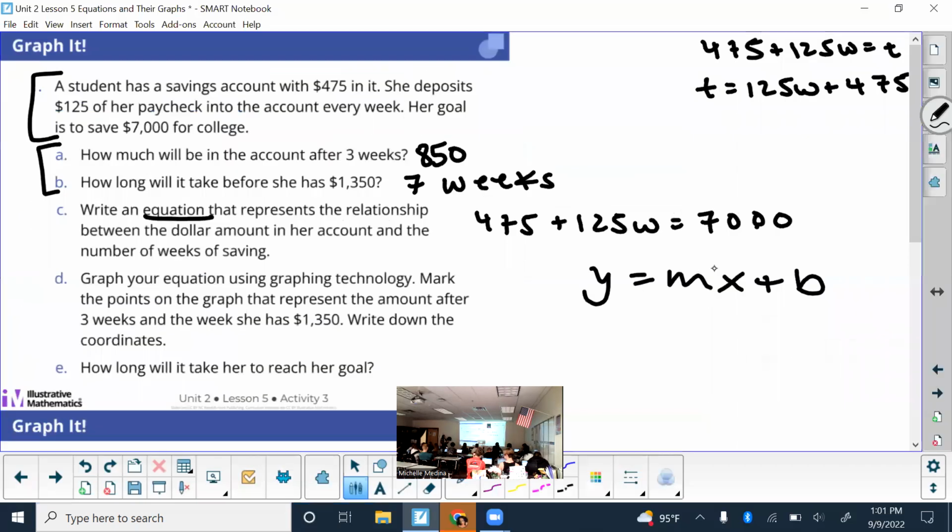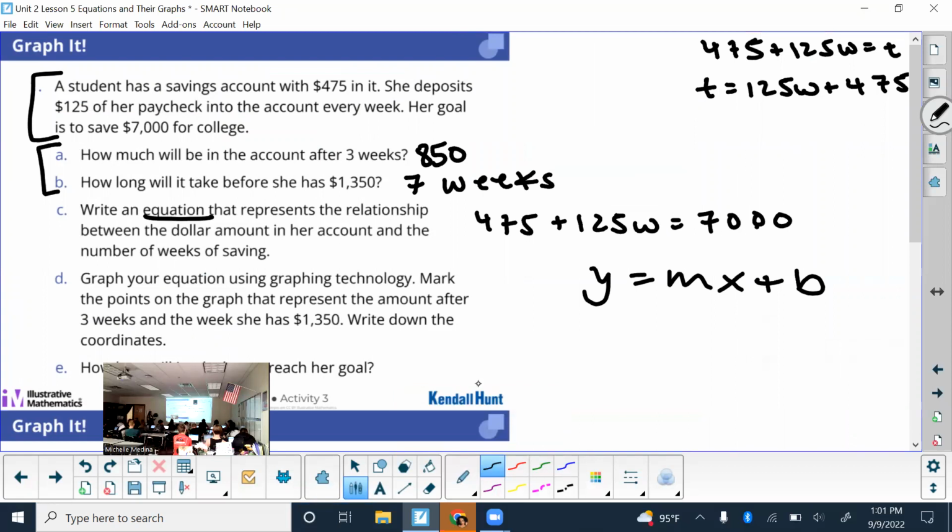That can usually help you set these up. Usually only the M and the B are replaced with numbers. M stands for slope. Another name for slope is rate of change. So anything in the problem that is continuously changing at a constant rate, that's why it makes a straight line, would go here and be multiplied by something.